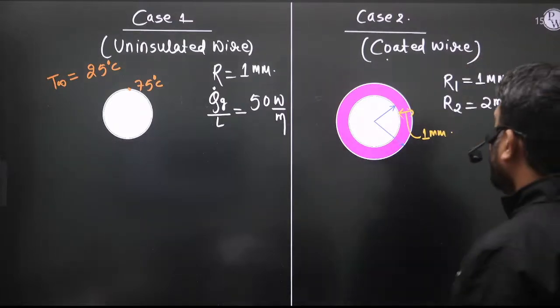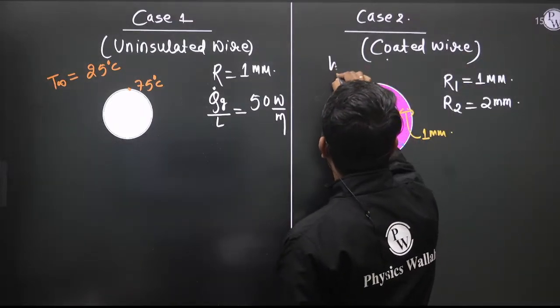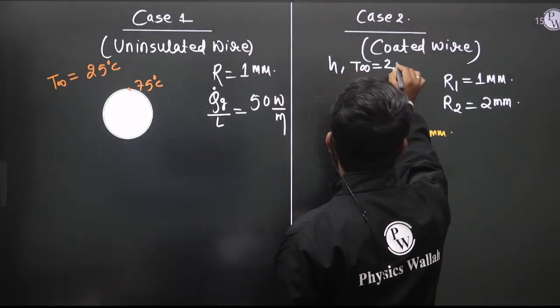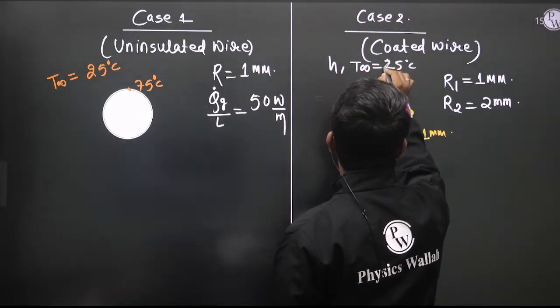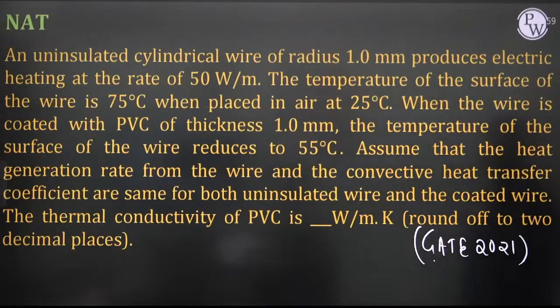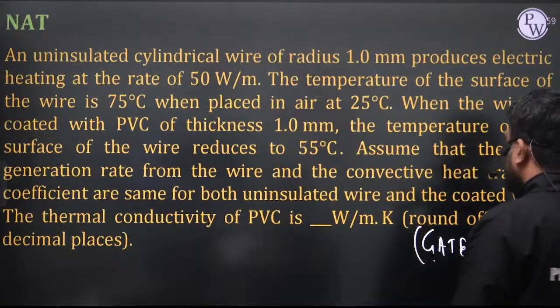Correct? The convective heat transfer coefficient is h. T infinity is the same as case number 1, 25 degrees Celsius. Now the surface temperature reduces to 55 degrees Celsius.